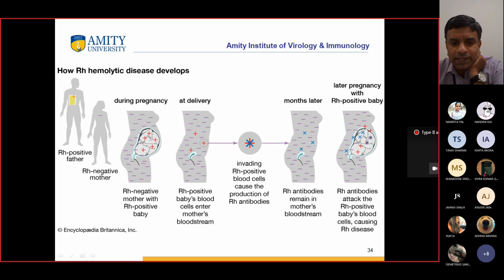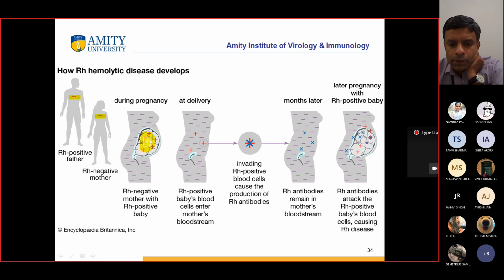Okay, so now the father is Rh positive, and the mother is Rh negative. Now when this female gets pregnant, you can see the female is negative, but the fetus inside is positive.